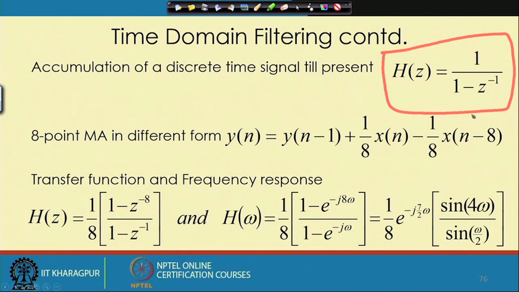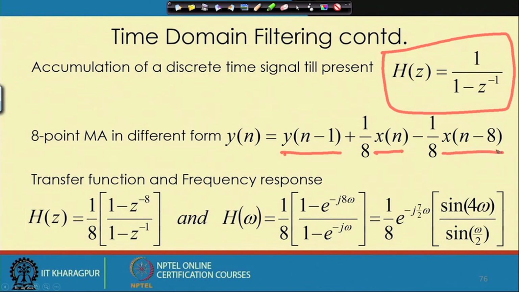So, instead of implementing it in this way, we can implement it in a little different way. We can implement an 8 point MA, where we take the last output of the filter plus the latest value, and as we have taken the 8 point MA filter, what is just coming outside the window, we need to subtract.